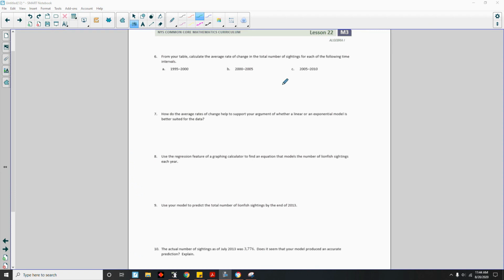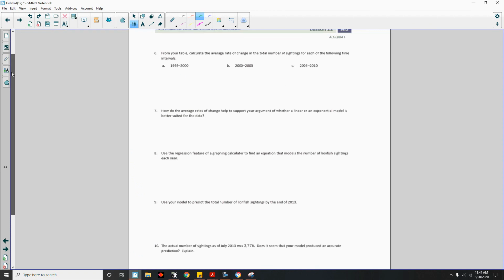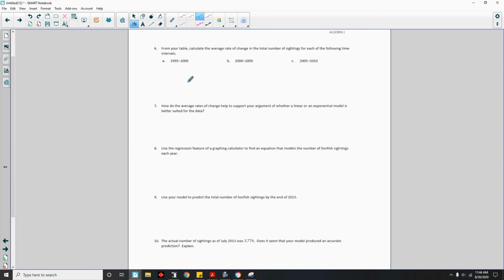Okay, page 3 brings us to number 6, and it says, from your table, calculate the average rate of change in the total number of sightings for each of the following time intervals, 1995 to 2000. So let's go back.